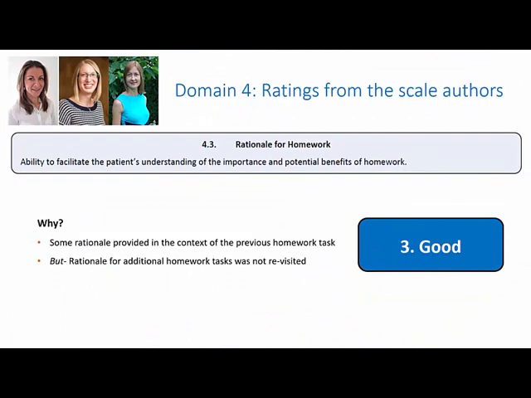Item 4.3, rationale for homework, we gave a rating of 3, good. We gave this rating because the therapist had reviewed the rationale for completing the food diary in the context of reviewing the previous homework task, which is obviously related. However, she didn't explicitly revisit the importance of or the rationale for adding to this food diary.